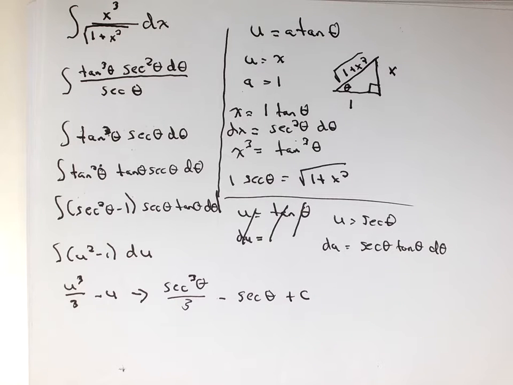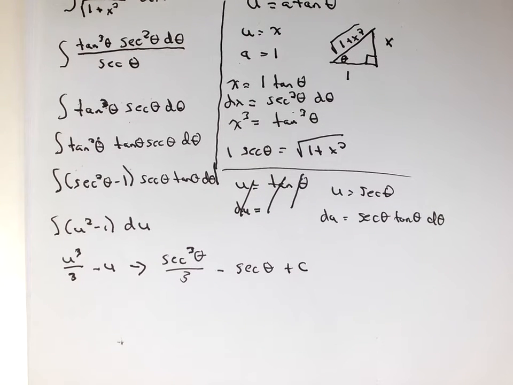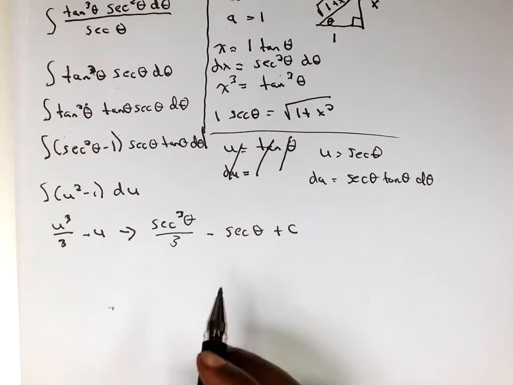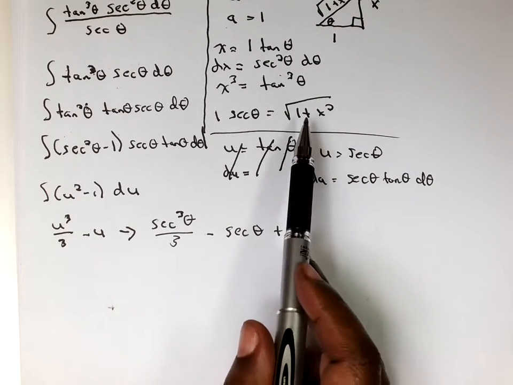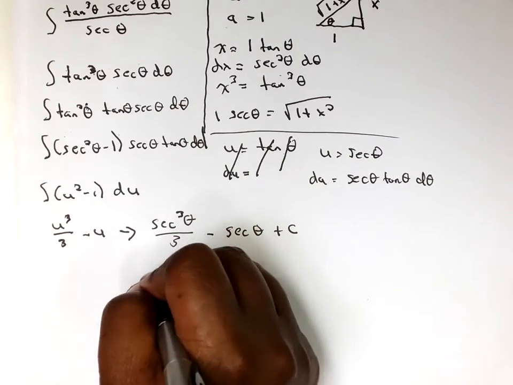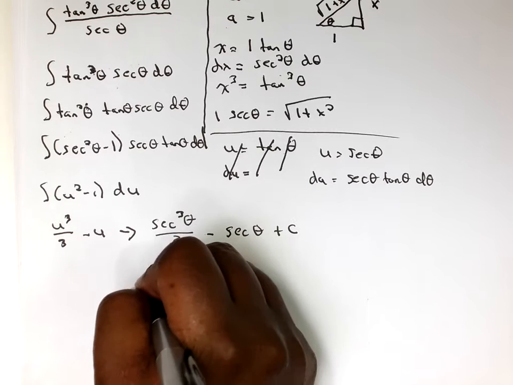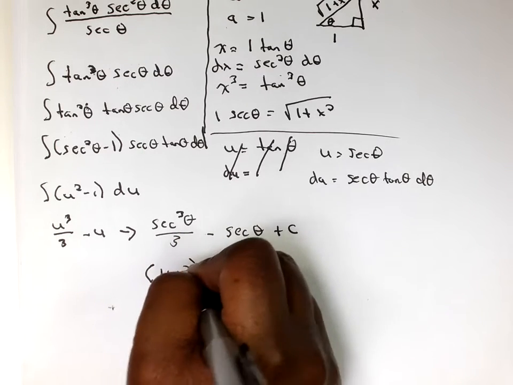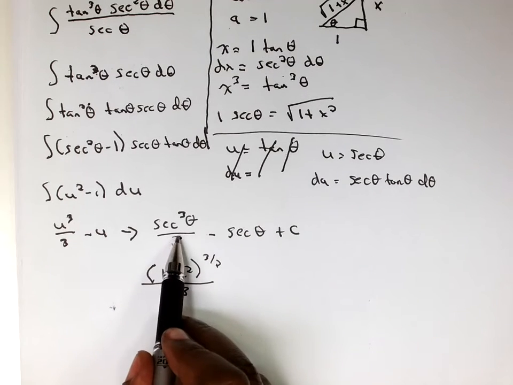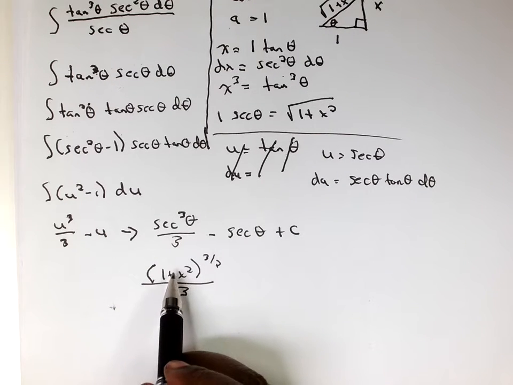which I also can't leave it in because I originally started with algebraic, so I have to go back. So secant, we said, was the square root of 1 plus x squared. So that would give me 1 plus x squared to the 3 halves when you do secant cubed, because it was already in the square root.